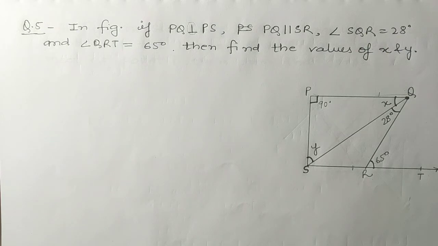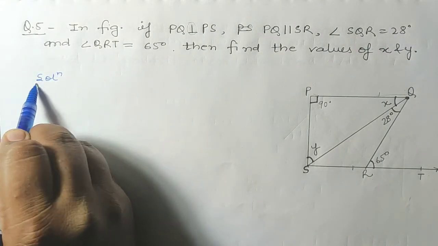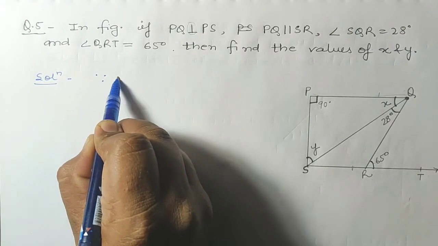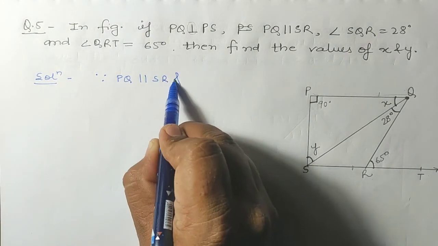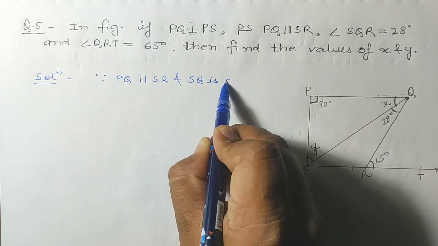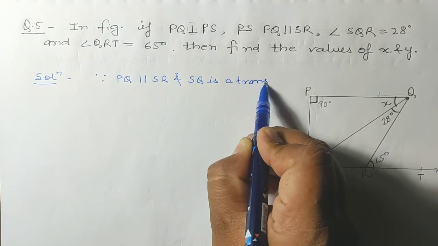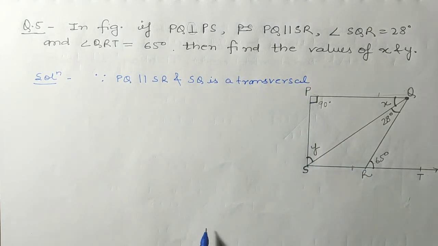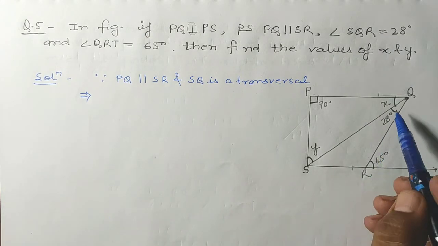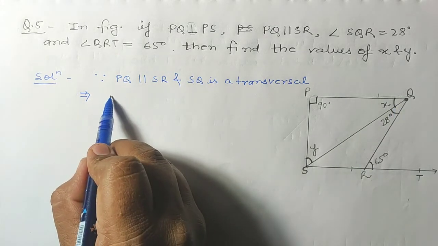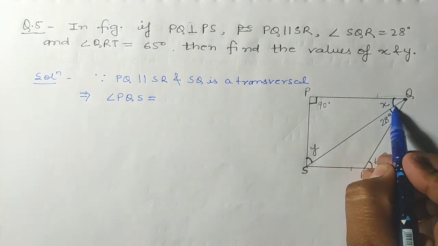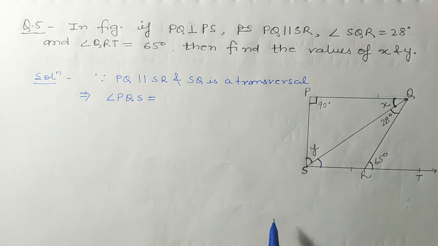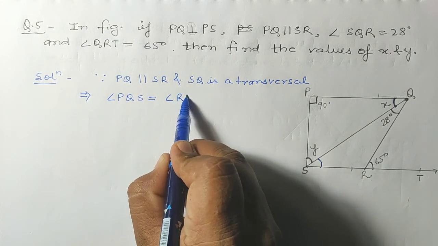See, students, in the solution of this, firstly we'll write: since PQ is parallel to SR and SQ is a transversal, then it will imply that angle PQS will be equal to angle RSQ.